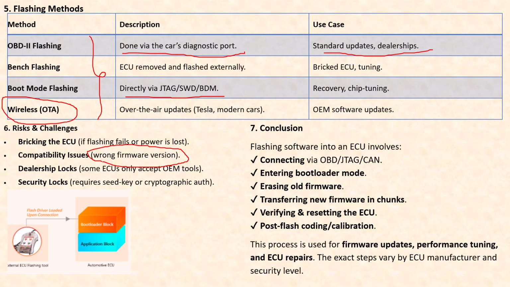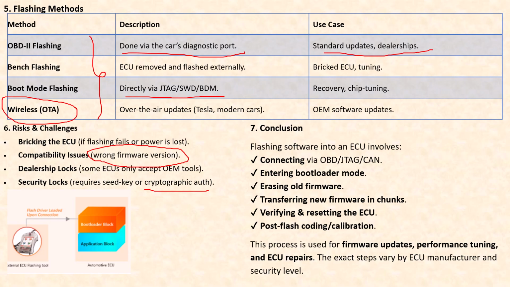Next come the security locks. Some ECUs only accept OEM tools, and security locks require seed key or cryptographic authentication. In case this cryptographic authentication is required, then decrypting it is a very tedious process.